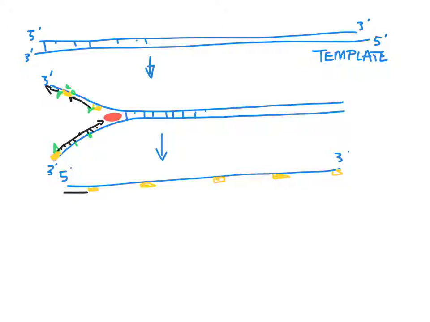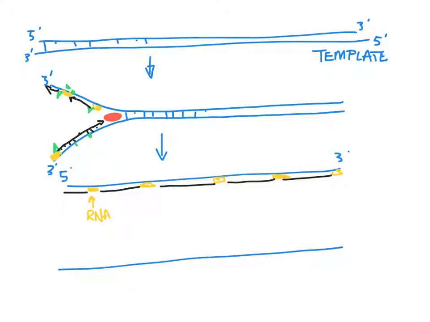And then we're going to have sequences of black, black, black, black, and black. But notice the yellow is RNA. We don't want RNA, we want DNA. And then the other strand below, there's your template. Again, it's your 3' and your 5'. And then the yellow will be here. And then this one will just continue along until the end.